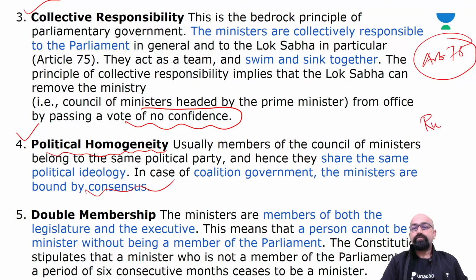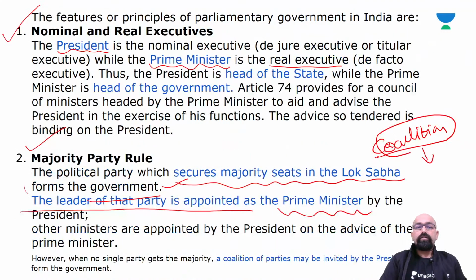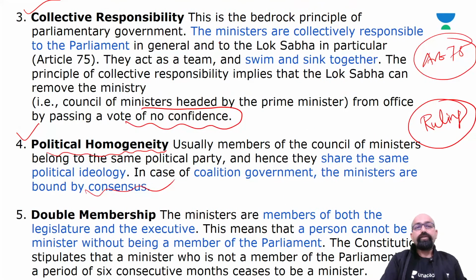In majority cases, political homogeneity means the ruling party, the party that secures a majority in the Lok Sabha, reflects homogeneity during the working of its government because its members are from the same political ideology.